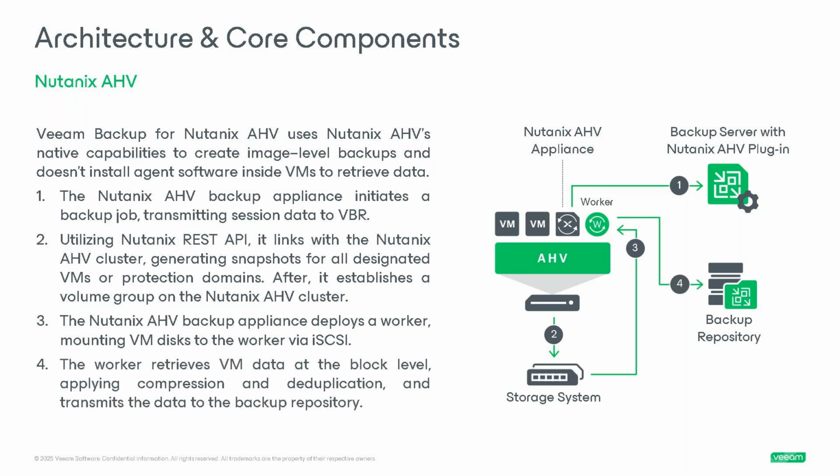Then the worker will retrieve the data at the block level. If you have it enabled, it compresses and dedupes the data, then transfers it to the repository. So kind of similar, but a bit different because of the appliance and the embedded worker. And at scale, you would probably have multiple workers.